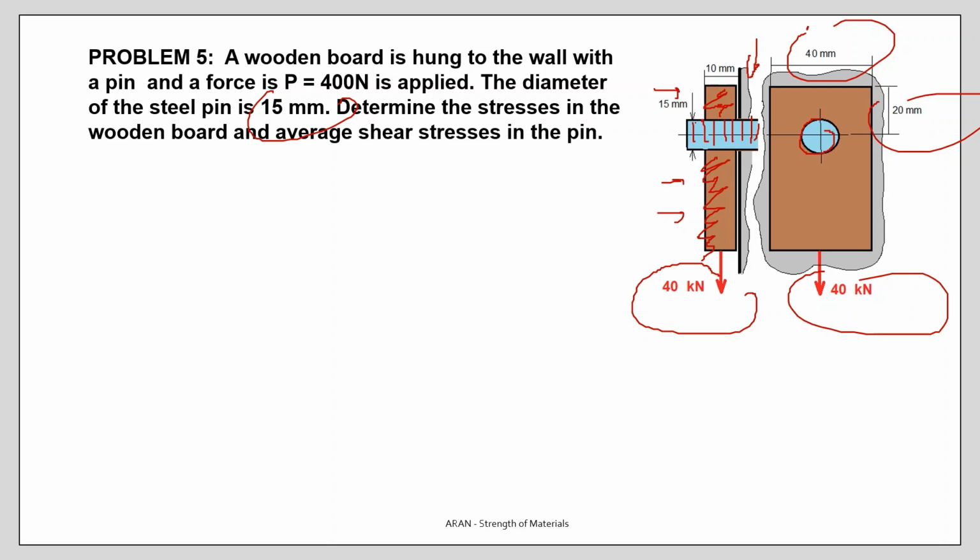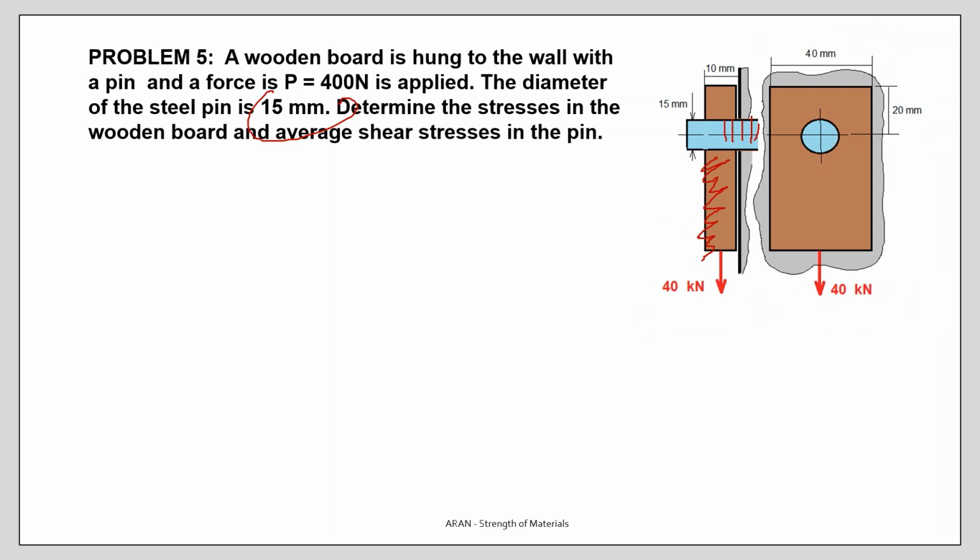The problem is to find the critical points where failure may occur. It says here, determine the stresses in the wooden board and the average shear stress in the pin. In the wooden board, there may be two types of stresses. The first is tensile stresses. You apply 40 here, and you see this section is the smallest section.